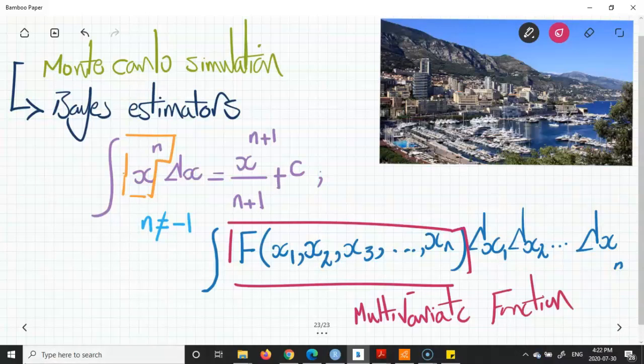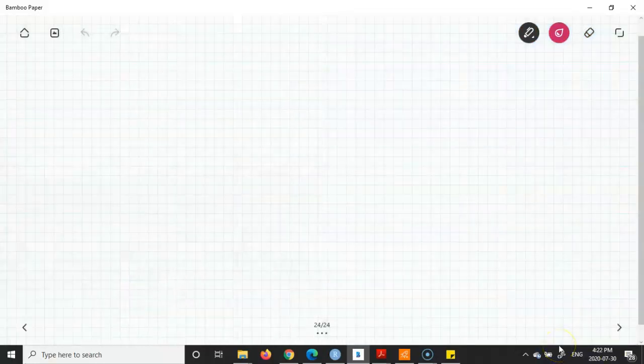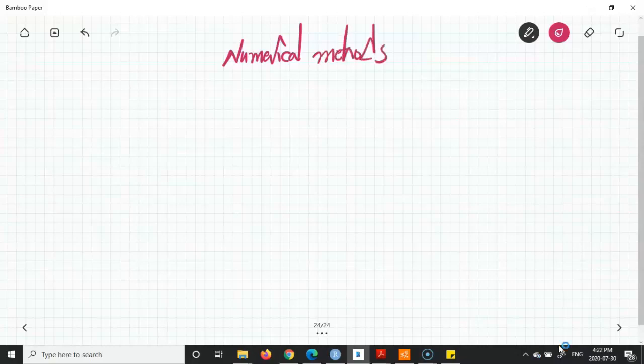Then what's going to be the solution? What's going to be the strategy when we want to deal with these types of integrals? There are many different varieties of approaches when you look into numerical methods for these types of integrals.